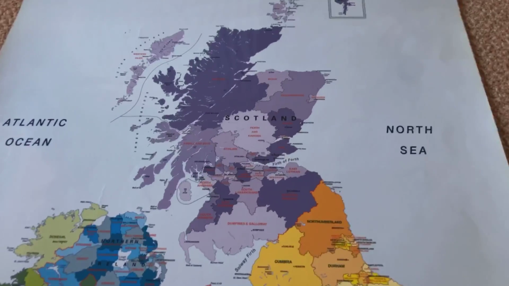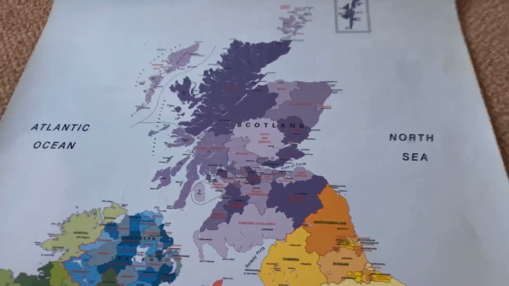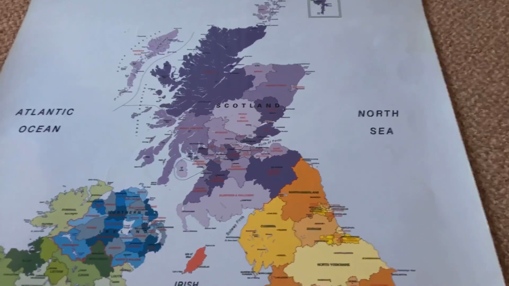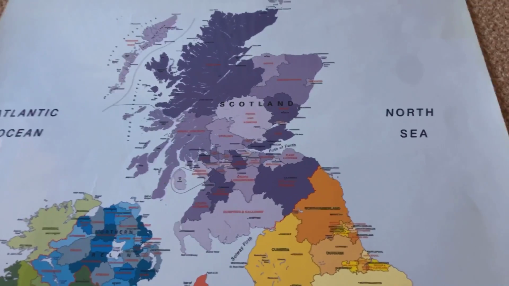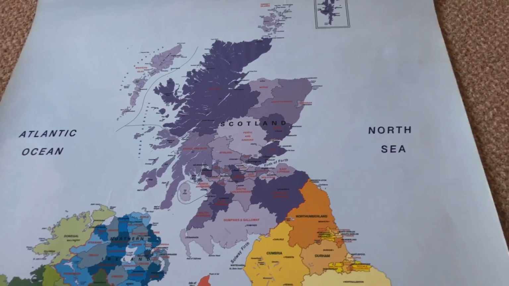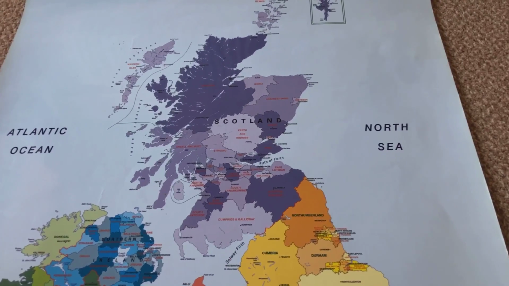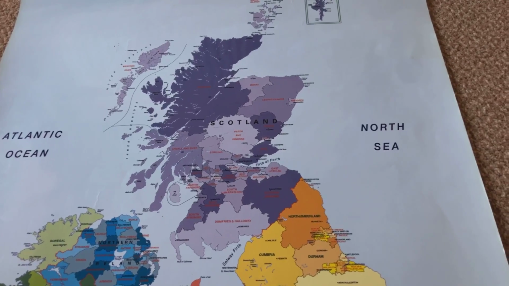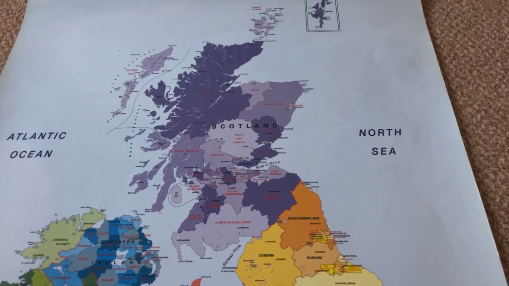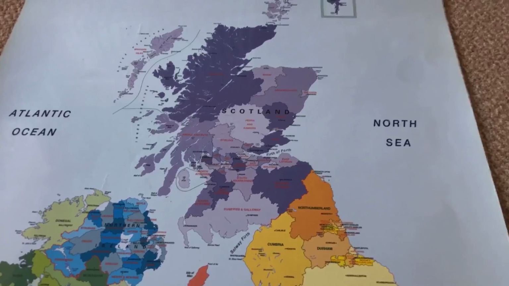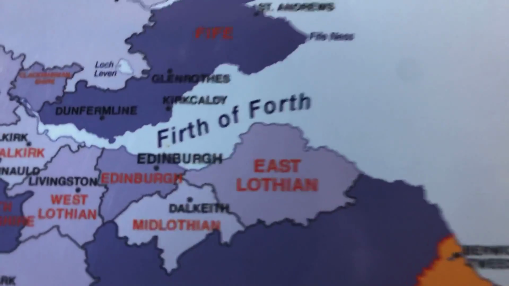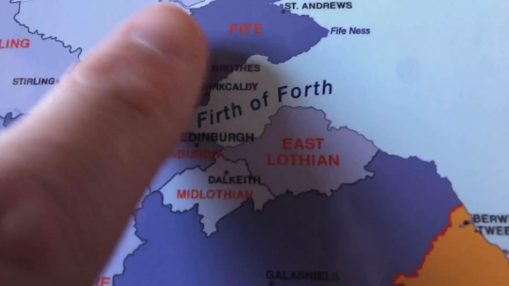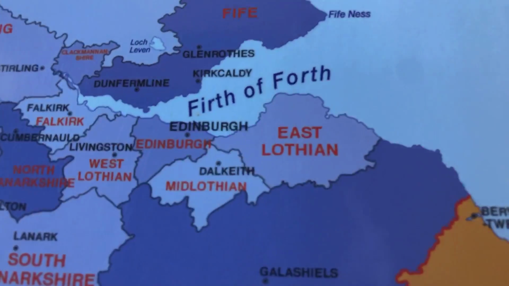Can you remember what this one's called? It's Scotland. That's when we talked about St Andrew's Day. And the capital city of Scotland, the important city where lots of things happen, can you remember what that city was called? I'm going to zoom in if you can see it. There it is. It's Edinburgh. So the capital city of Scotland was Edinburgh.